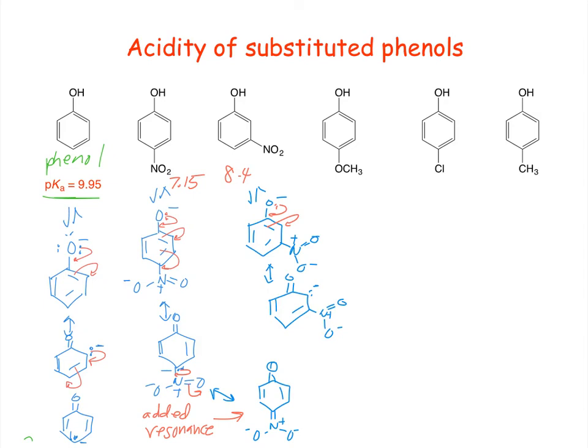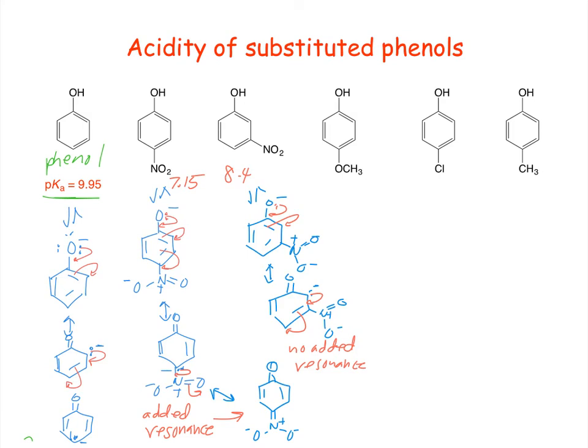We have a double bond here and here. Is there any way to move that pair of electrons out onto the nitro group? No, because if we do try, we're going to move these electrons over here, but then there's no way to bump them out onto the nitro group. It's going to go right past over to here. Okay? So this one does not have any added resonance. So why is it more acidic then than phenol?